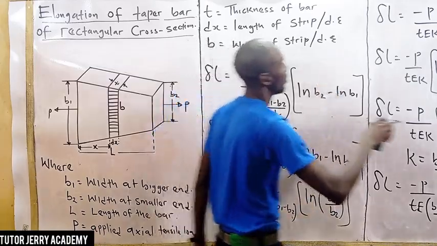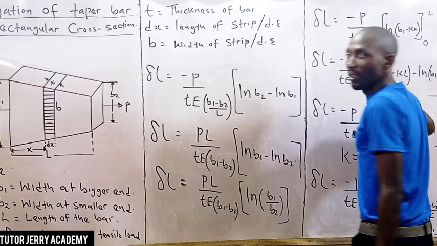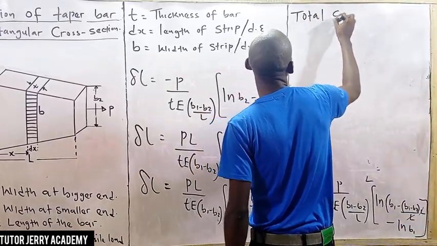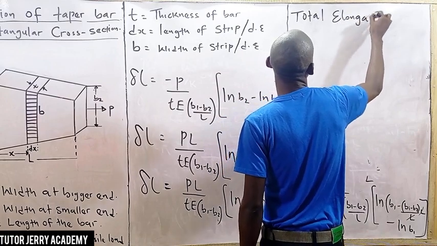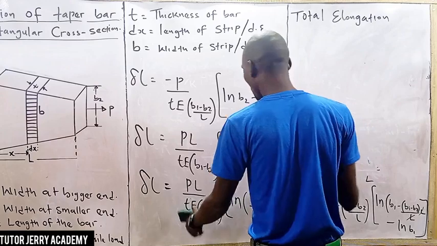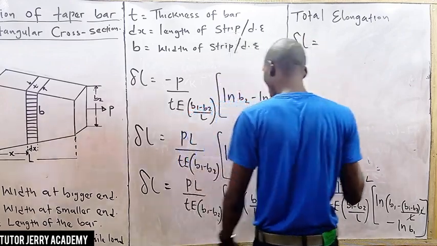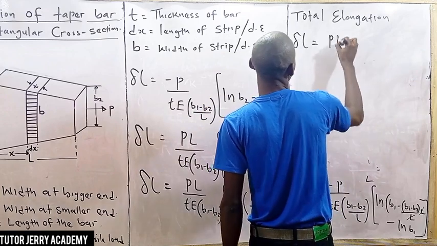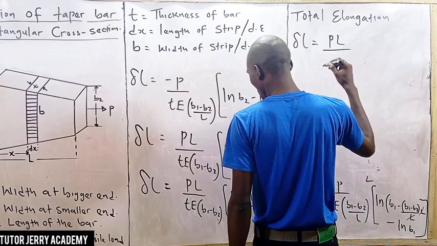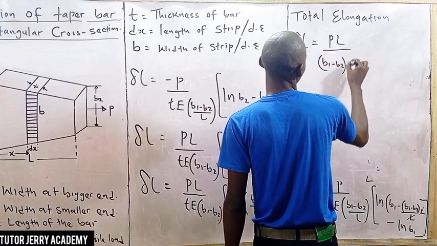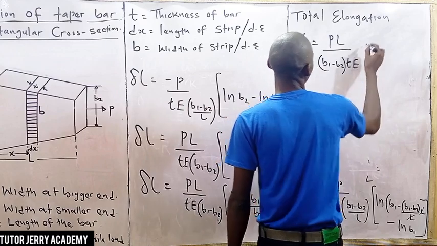So explain this side: the total elongation is nothing but L equals P L all over B1 minus B2 divided by thickness T E, into ln of B1 all over B2.